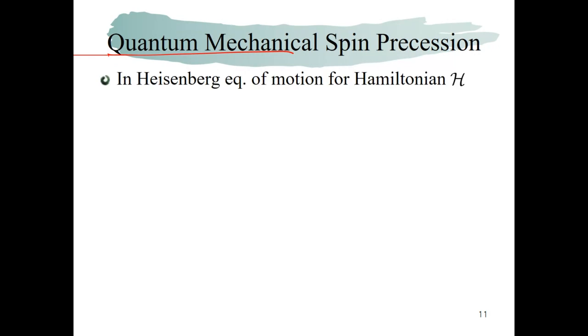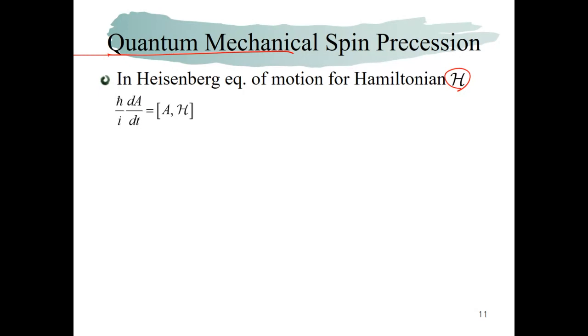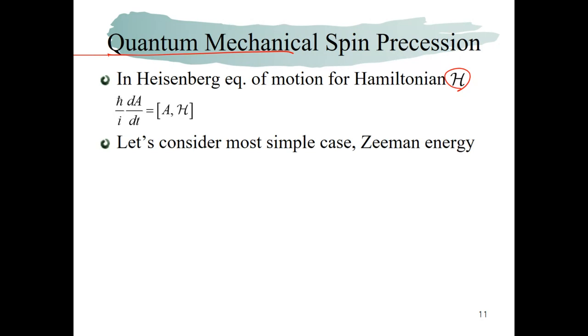You know, the Heisenberg equation of motion for a given Hamiltonian H is given by this form here. A is a kind of physical observable. So in the left-hand side, the time derivative means if you solve this equation, we can obtain the motion of the observable A. Okay.